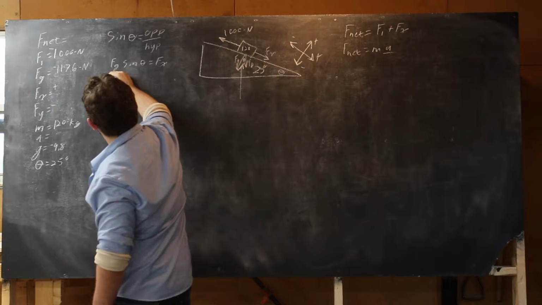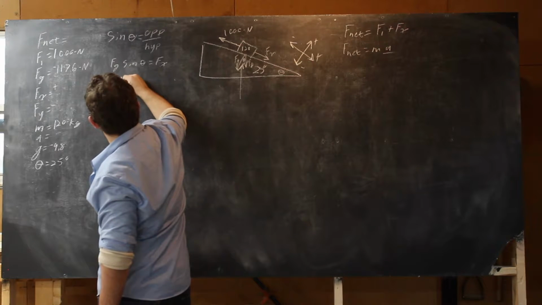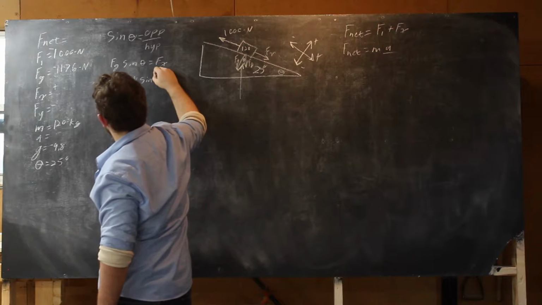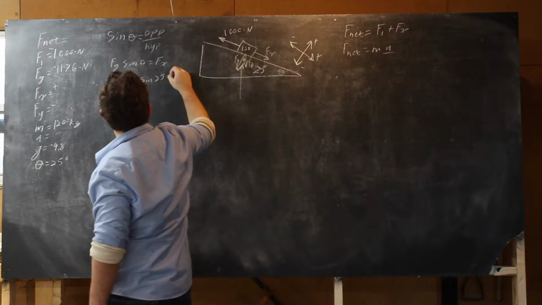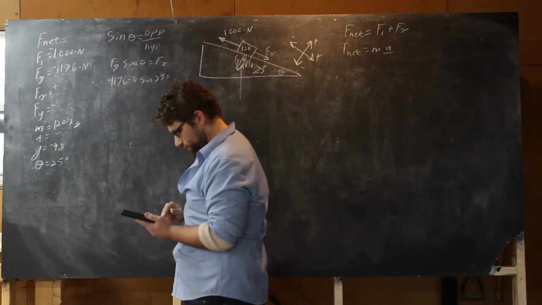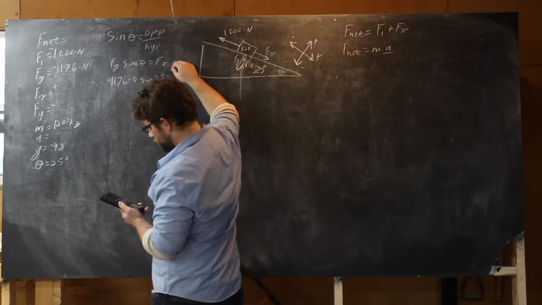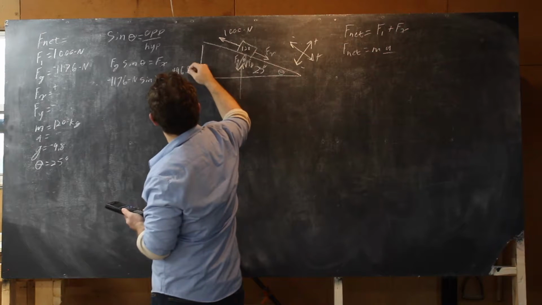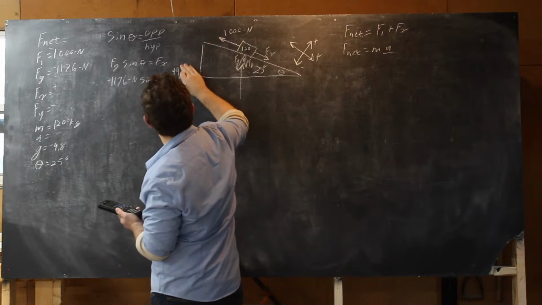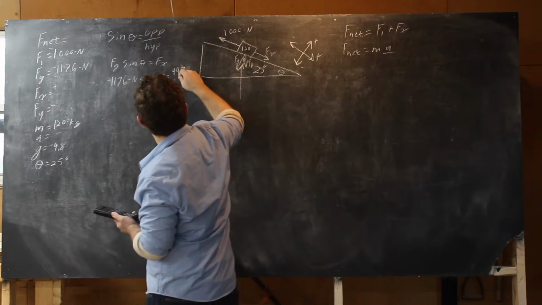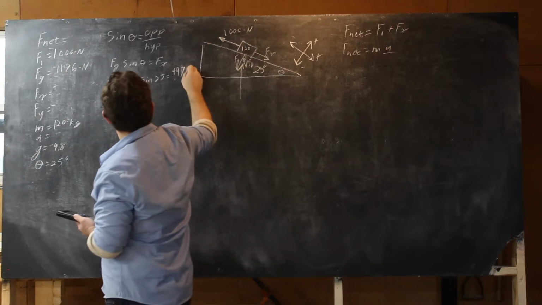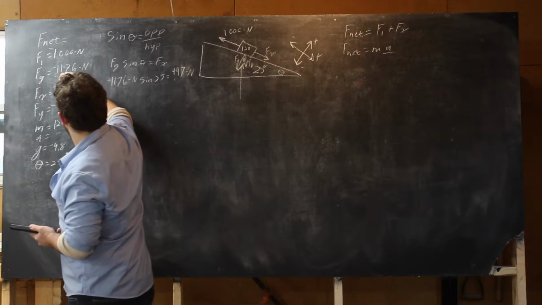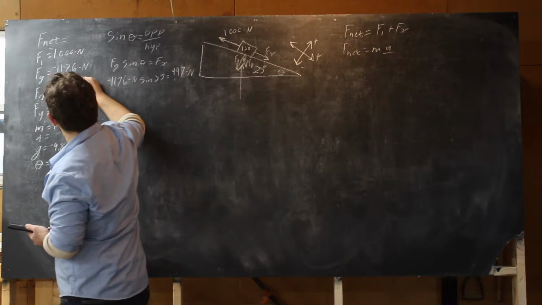Plugging my numbers in, I've got negative 1176 times sine of 25 equals what? That's going to give me 496.9. Actually, that's 0.99, so I'm going to say 497. I'll round it up to 497 newtons. And remember, it's got to be positive because it's the force in x. 497 newtons.